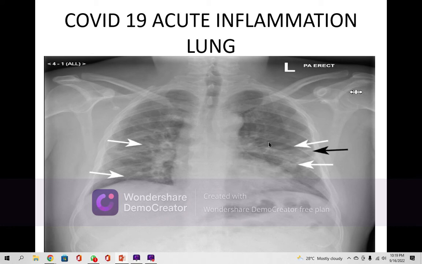So, the alveoli are occupied by exudate here, like this. This is a very characteristic X-ray of COVID-19. COVID-19 will not cause lobar pneumonia, remember. Lobar pneumonia is caused by other organisms like pneumococci. This is the primary pneumonia of COVID-19. Very characteristic X-rays are seen.